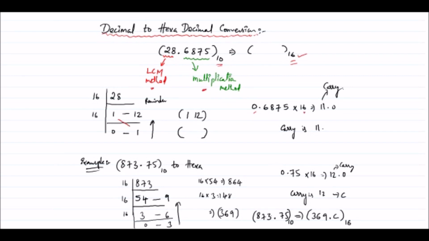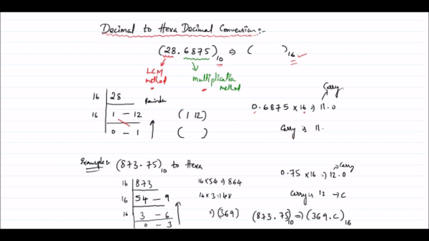As we have discussed in octal conversion, the same way: for the integer part before the decimal point, we use the division method. So 28 will be divided by 16, which is the radix value.